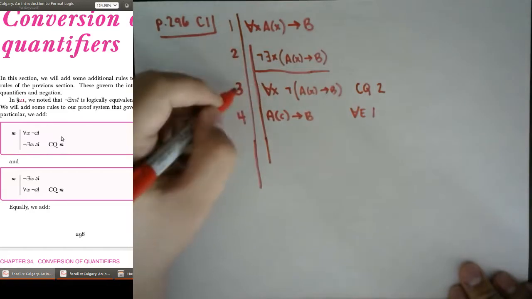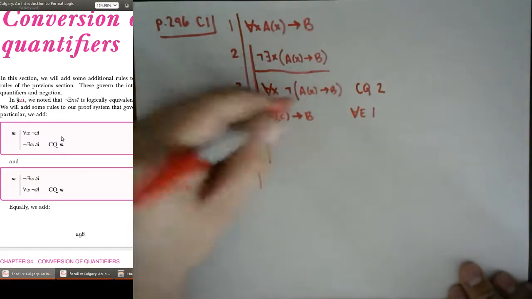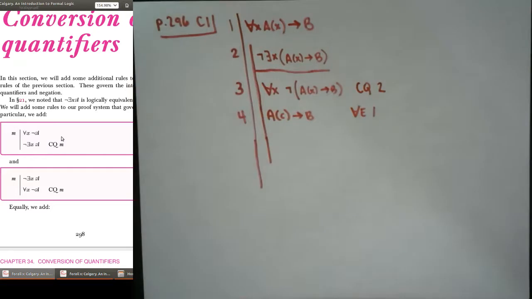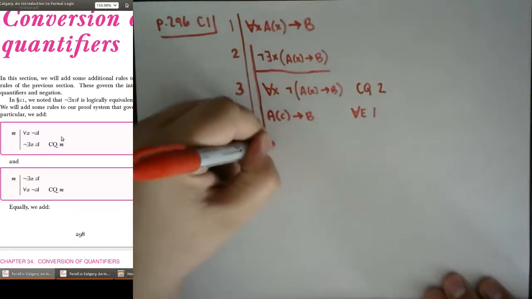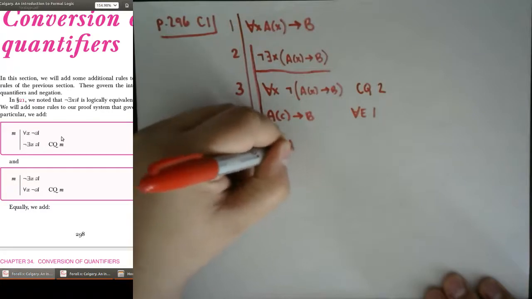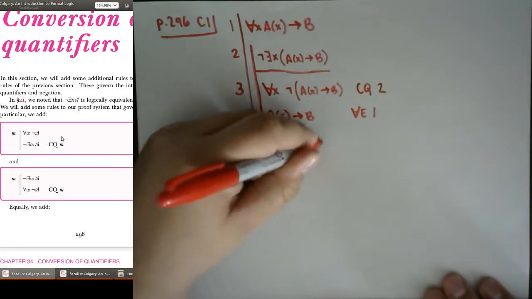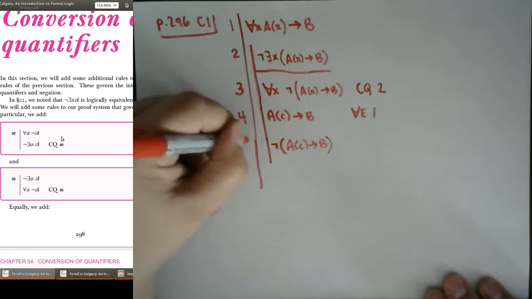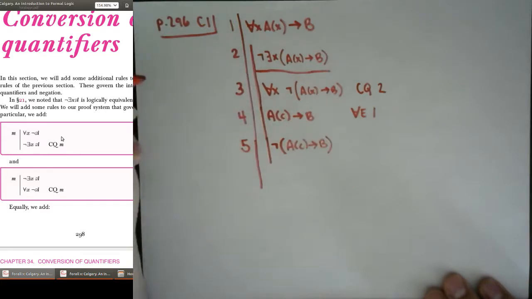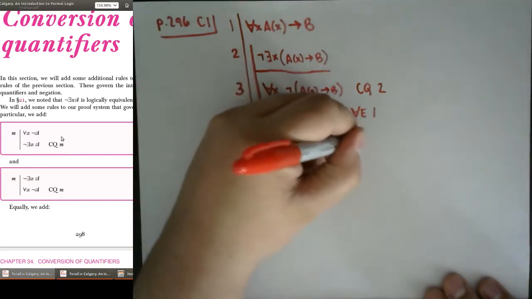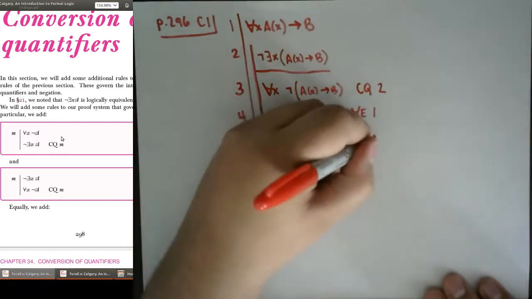Now I will use universal elimination on line 3, and because that's universal, I am allowed at this point to pick the same thing, right? So I get negation of (Ac implies B), and that's line 5, and that's for all elimination on line 3.